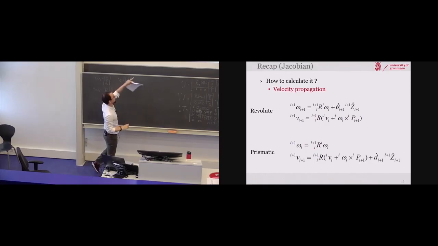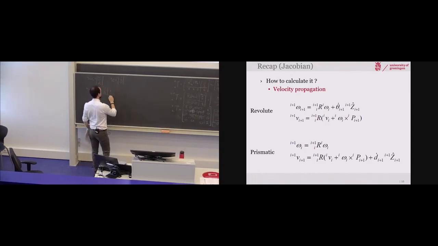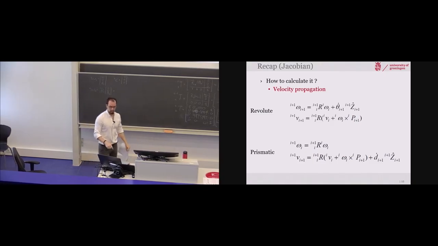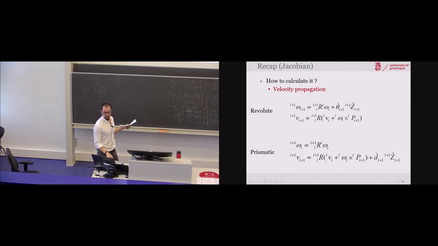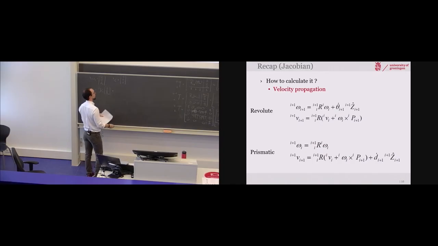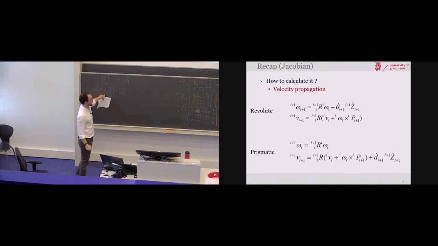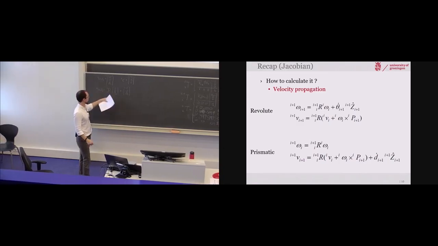And then you have to add the other part, that is just the rotation along its own axis. Its own axis, as you can see here, is z i plus 1, so the axis of the frame i plus 1, in this case the second frame, but measured in the second frame. Therefore, it will always be the vector 0, 0, 1. Therefore, this part will always be 0, 0, theta 2 dot. Okay? Now, where do we get this rotational matrix over here?